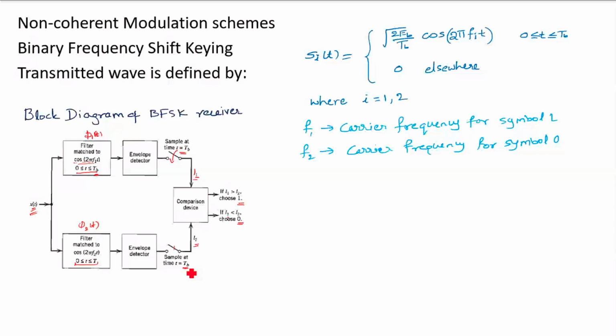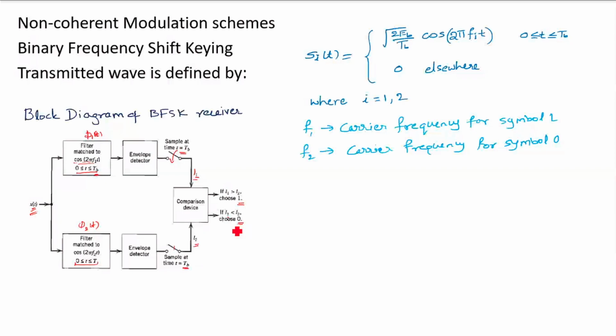And if symbol 1 modulates the carrier and is transmitted over the noisy channel, both matched filters take the same signal, and you are expected to get the maximum value at time t equal to t sub b. This results in L1 greater than L2 if the transmitted symbol is 1, and if the transmitted symbol is 0, it results in L1 minus L2 less than 0.